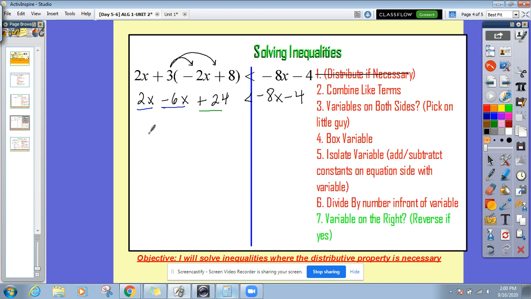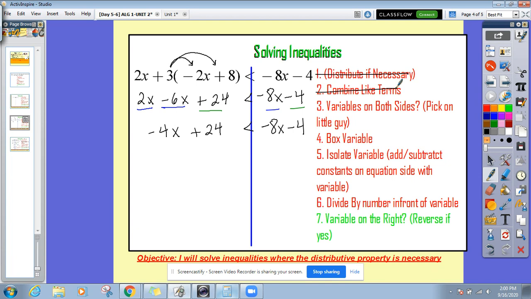So -4x plus 24 is less than, we have nothing to combine on this side because as you can see you have a variable and a constant, and those two do not combine. So we have -8x minus 4. We're done combining.